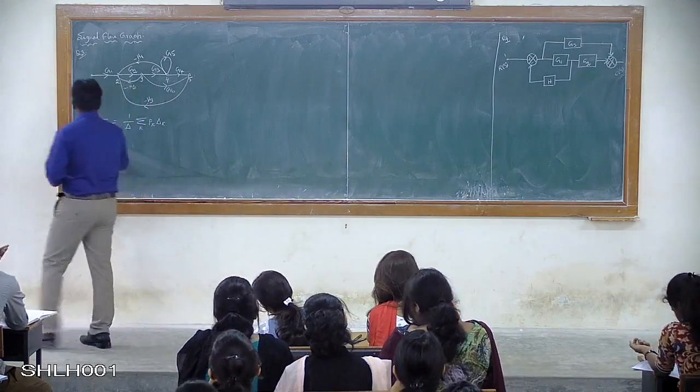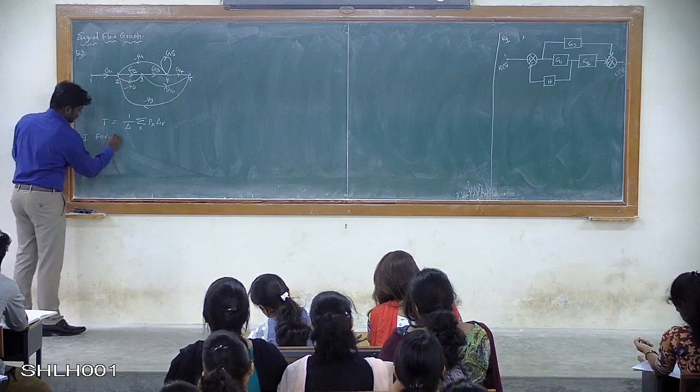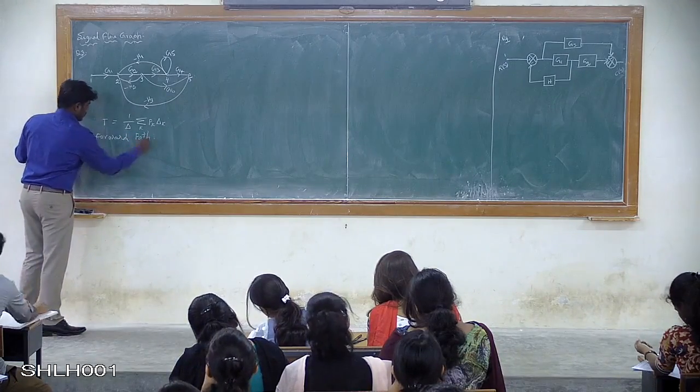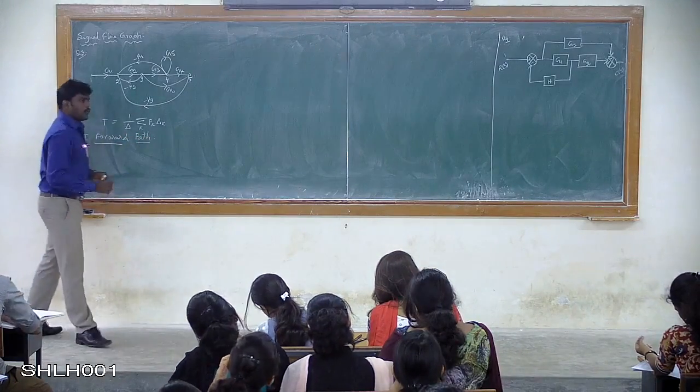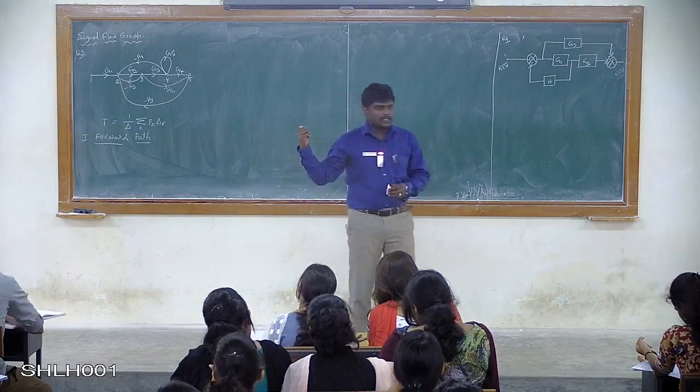The first step is that we will have to find all the forward paths. We need to find the forward paths present in the given signal flow graph.